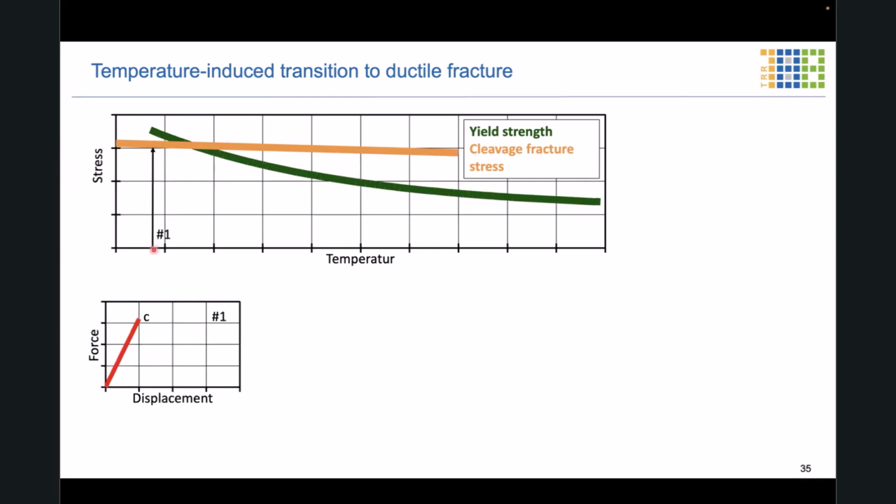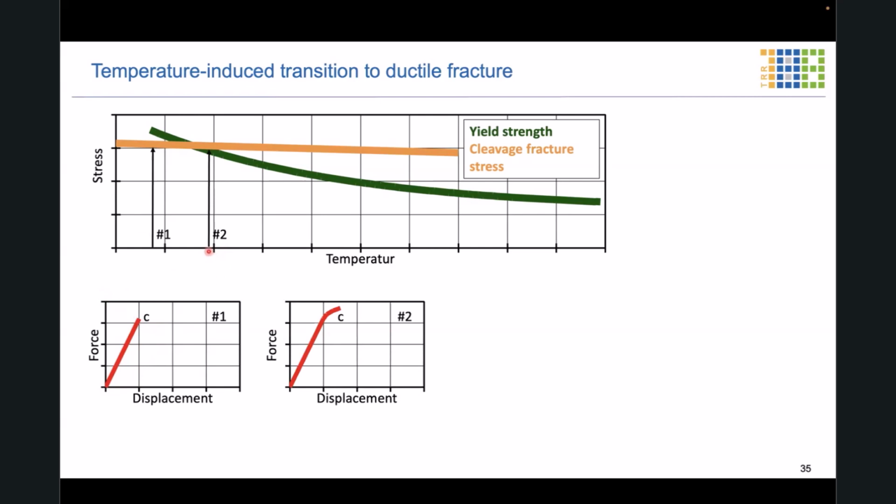In loading case number 1, at relatively cold temperature, we increase the stress by loading our sample. And before we even reach the yield strength of the material, we run against the cleavage fracture stress. So that is a situation in which cleavage fracture will be triggered after simple elastic loading.